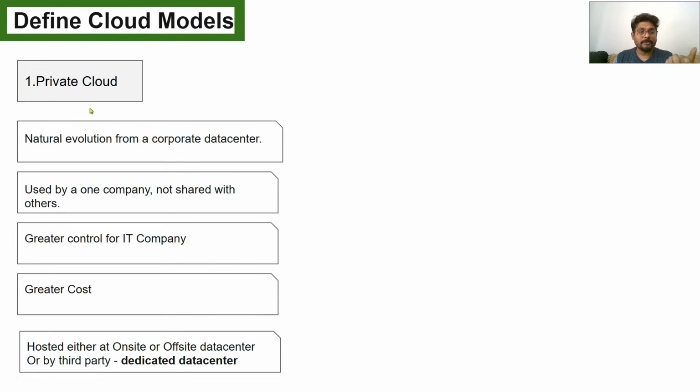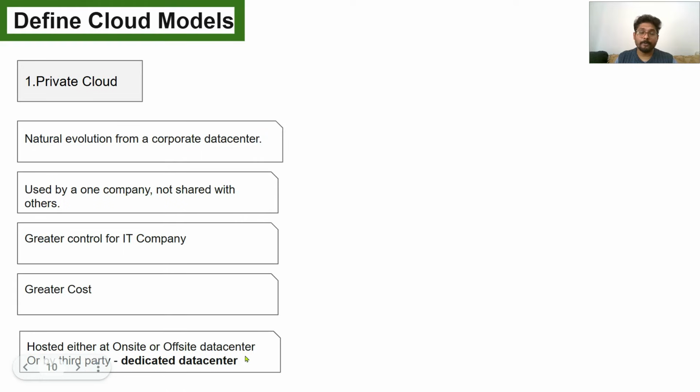Okay, and there is also an advantage. It is built only for you. So that can be hosted either on-site. For example, I would tell a cloud vendor or a third-party vendor, you host the cloud data center at a given location in my office. Or else we can show them an off-site data center somewhere else, not in the office location, but in a different location.